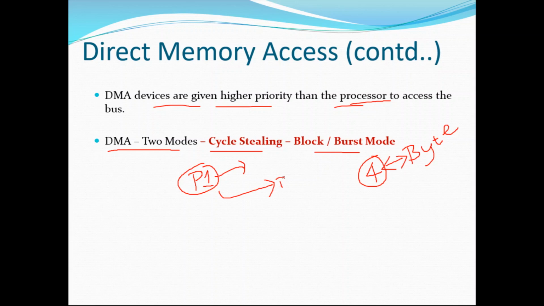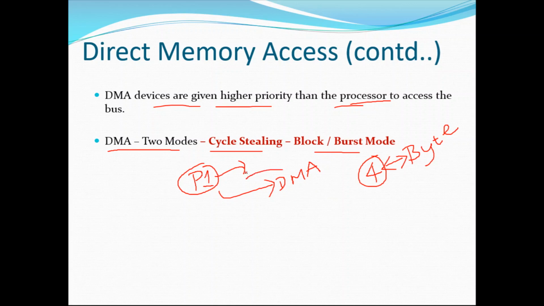It will grant the bus to the DMA for performing only one memory operation. That is, during that time the DMA can only move one byte from memory to IO device or IO device to memory. That's all. Once that is done, the DMA will send an acknowledgement.